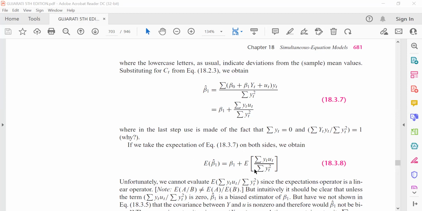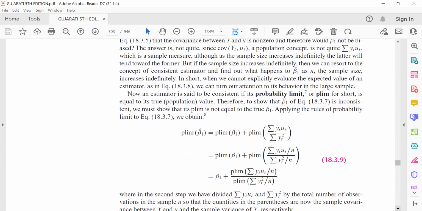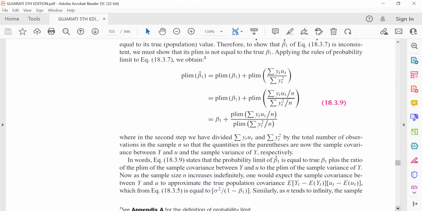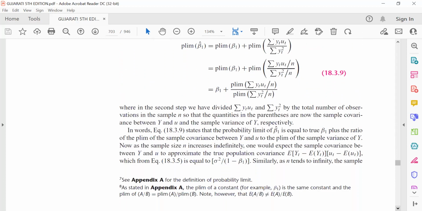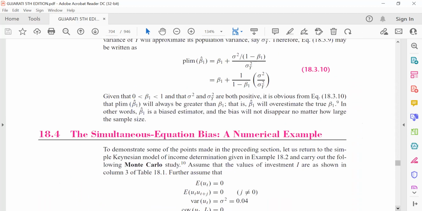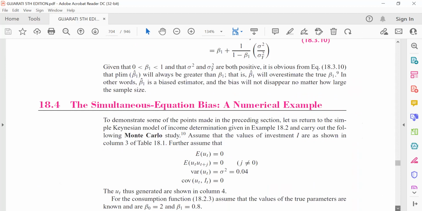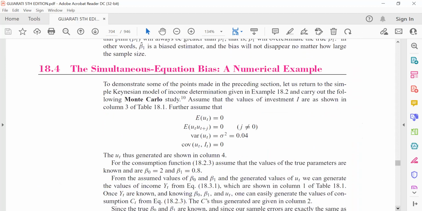That means beta 1 becomes inconsistent. If beta 1 is inconsistent, that means beta 1 becomes biased. Okay, this is, for example, you can read this one, 18.4.